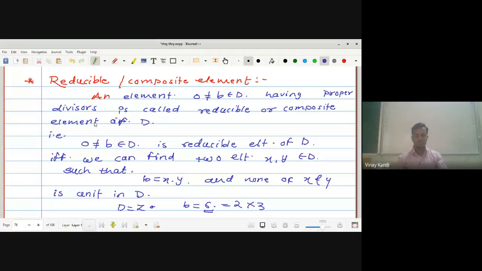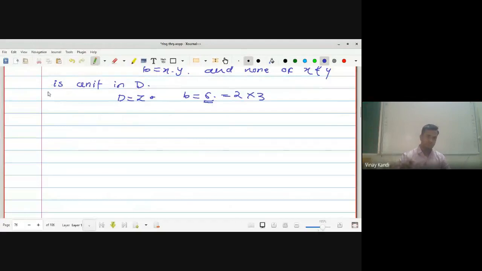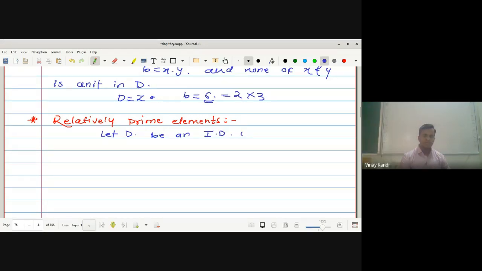Okay, the last definition is there: relatively prime elements. Look here. Let capital D be again an integral domain with unity element 1.